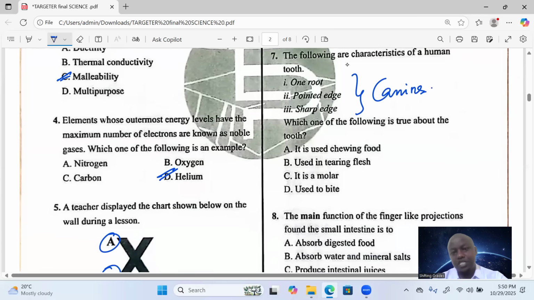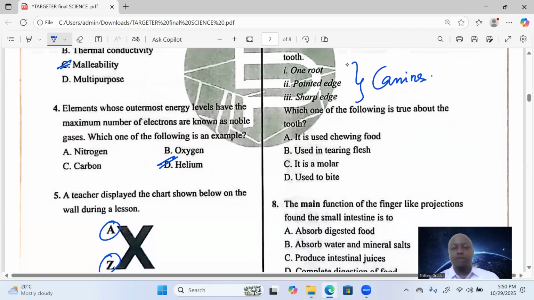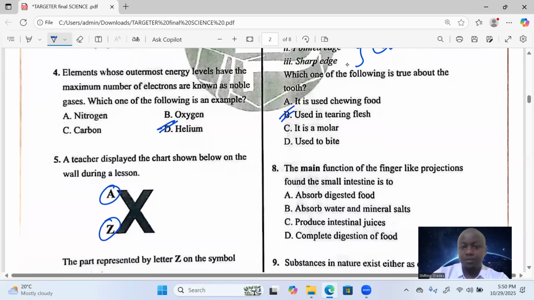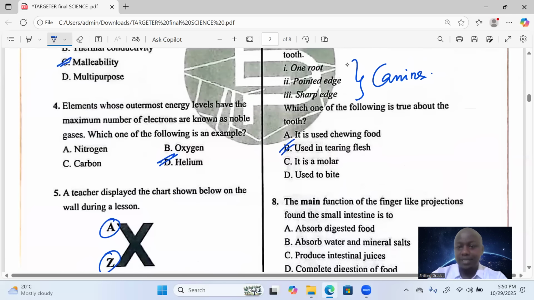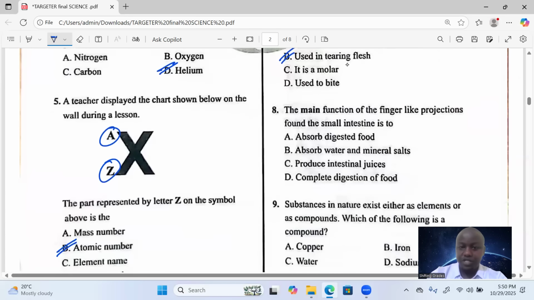Now, which one of the following is true about the tooth? This one is used for tearing, cutting into pieces. But the chewing belongs to molars and premolars. So it's used for tearing flesh. Yes, canines tear flesh.